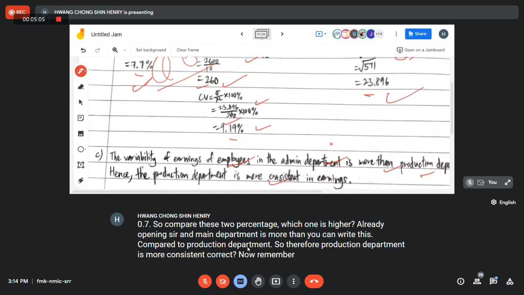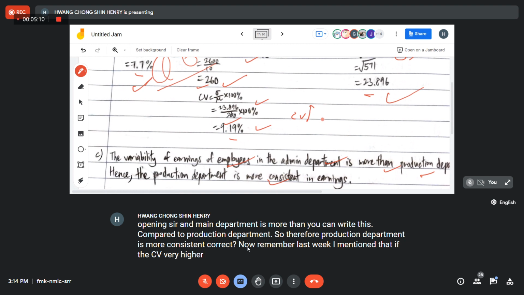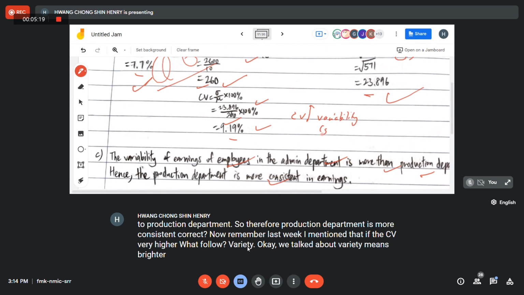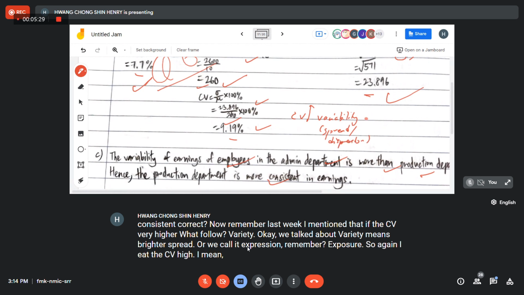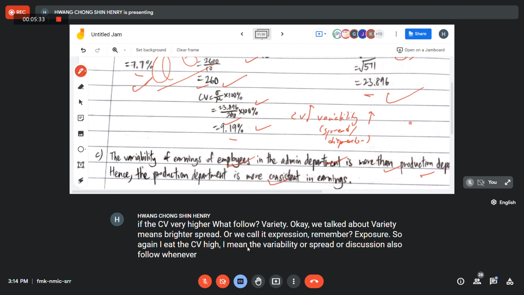Now remember last week I mentioned that if the CV is very high, what follows? Variability. Okay, variability means spread, or we call it dispersion. Remember, dispersion. So again, if the CV is high, the variability or spread or dispersion also follows. When the variability is high, the consistency is low, drops.